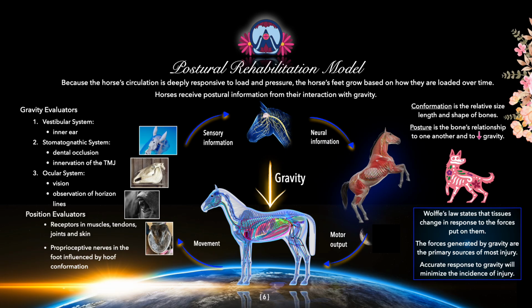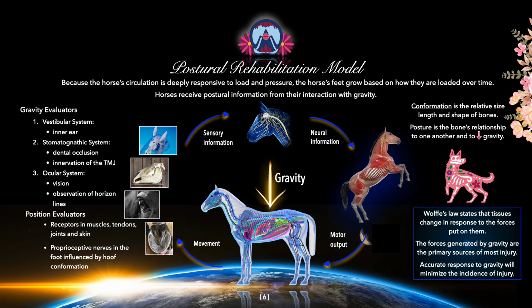We know from the previous lesson that horses receive information on how to interact with gravity from their vestibular system, which is their inner ear, their somatic gnathic system, which is their dental occlusion and their innervation of the TMJ. Their ocular system is their vision, right? Looking at horizon lines, looking at the relationship of the sky versus the ground.